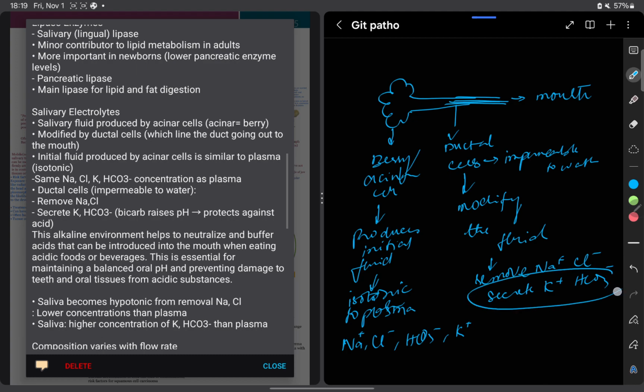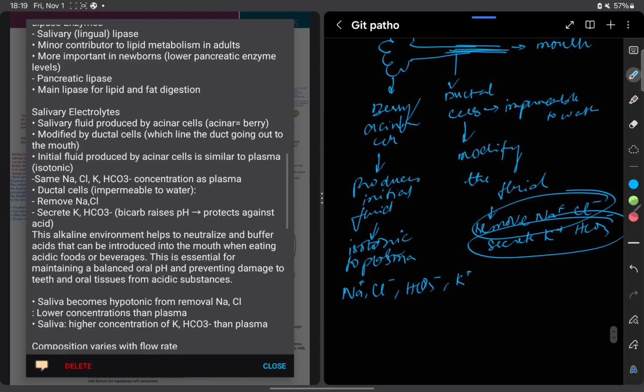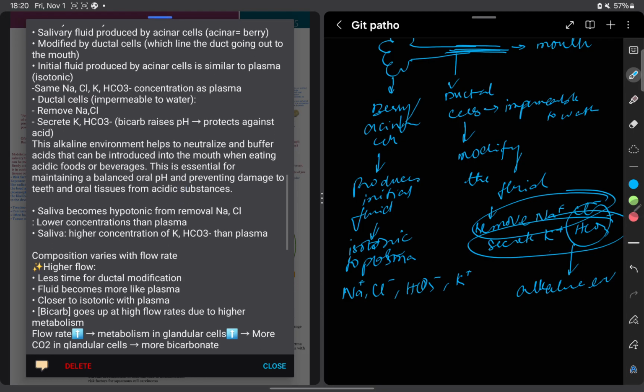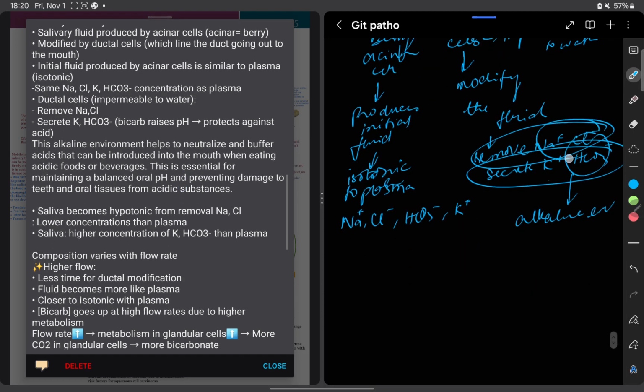Now since HCO3- is a bicarbonate, it creates an alkaline environment, which helps to neutralize the acid that can be introduced in the mouth when eating acidic food or beverages. So this is essential for maintaining oral pH and prevents damage to teeth and oral tissue from acidic substances. When Na+ and Cl- are removed, this makes the saliva hypotonic.